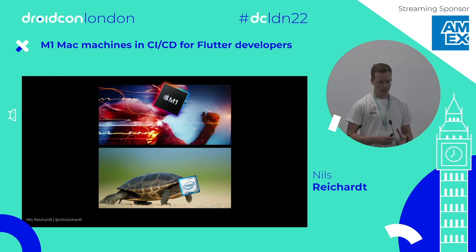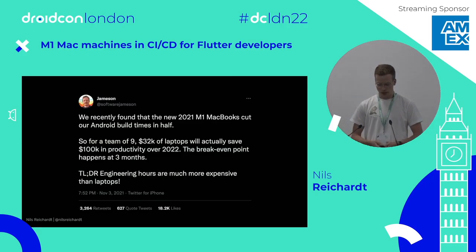The second thing is speed, and I really love this because M1s are really fast. Let's take a closer look at this. Maybe you saw this tweet by a staff Reddit software engineer who could cut their Android build times just with the M1 MacBooks.